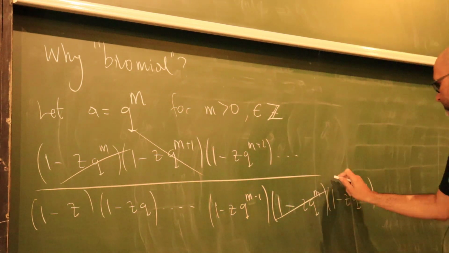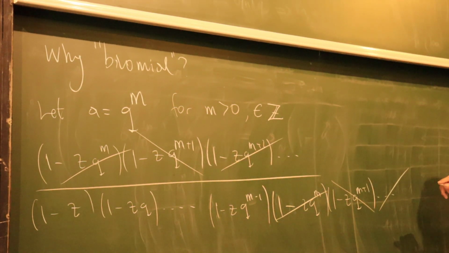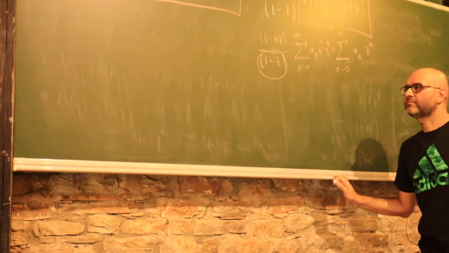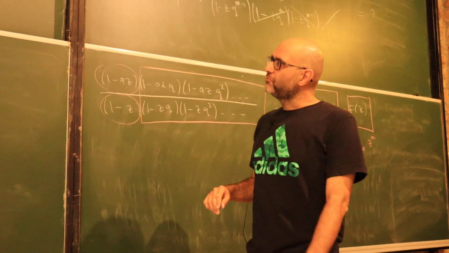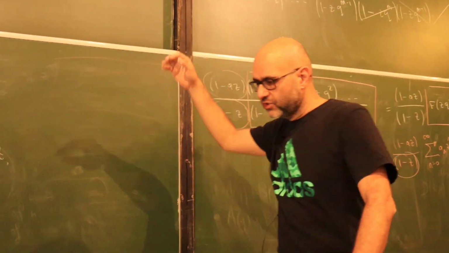So these are going to go. The infinite products will turn into a finite product in the denominator. Well, we will not have something similar on the right-hand side. We'll just make the substitution there.